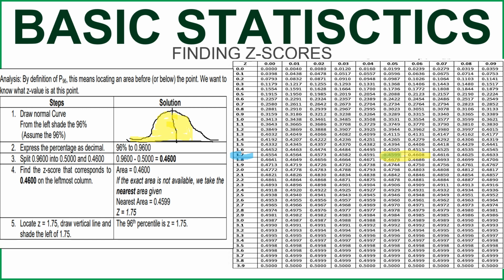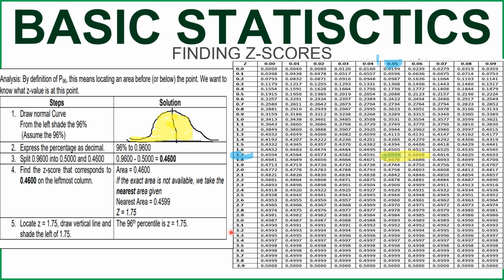And yung pinakataas naman yan is 0.05. Right? So, pagsamahin lang natin yun, i-add lang natin. 1.7 plus 0.05, that is 1.75. That is why our z-score is 1.75. Then, locate z equals 1.75, draw a vertical line, and shade the left part of 1.75.